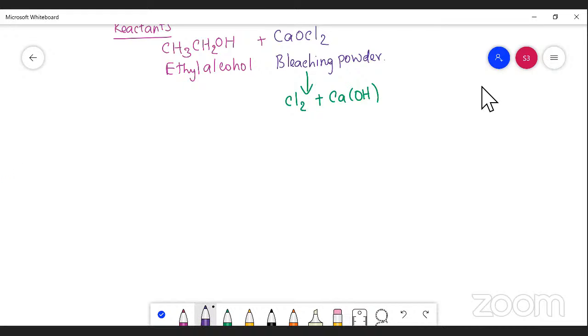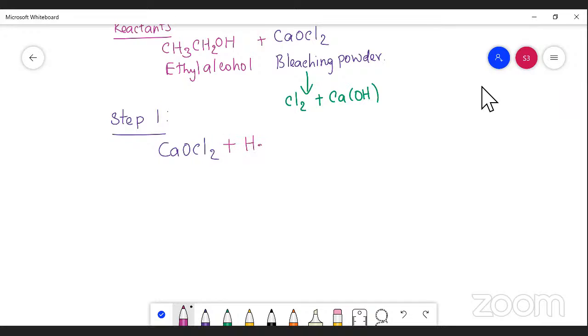What will happen here? We are taking bleaching powder, CaOCl2.